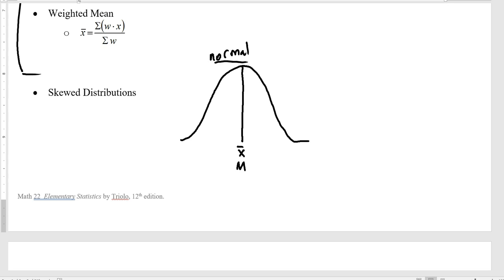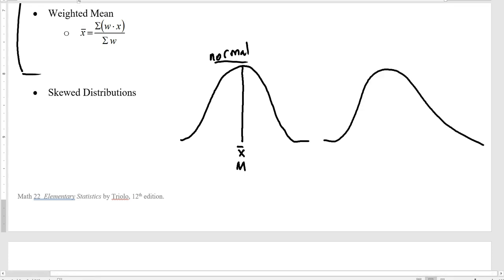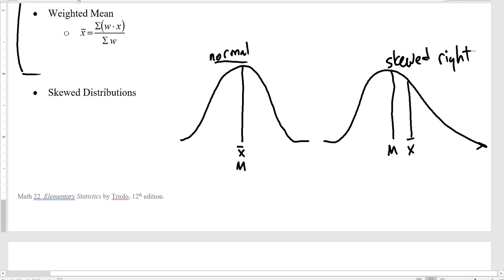If we get a distribution that is skewed to the right, that's a better picture, okay? So what happens? Well, they both potentially move, but the one that actually factors in the highest numbers is the mean. So the median gets pulled a little bit to the right, and the mean gets pulled further.